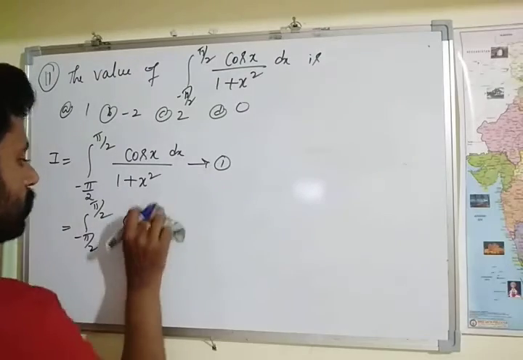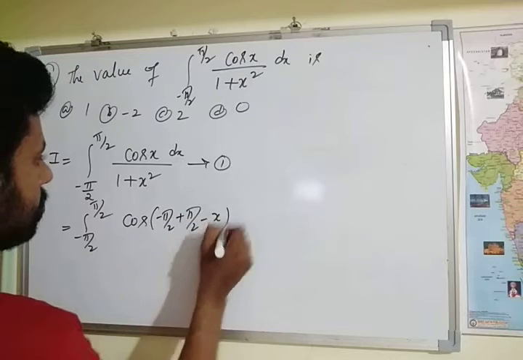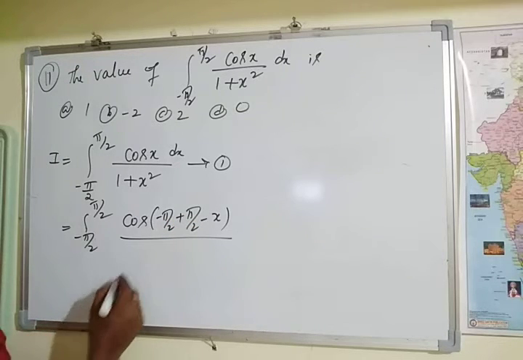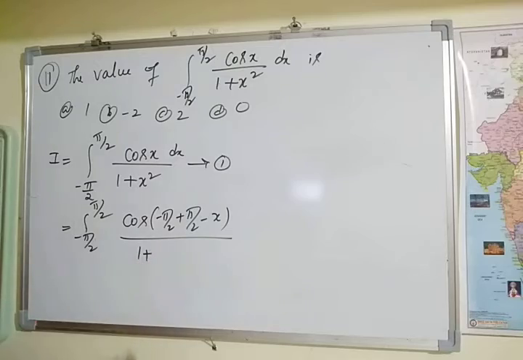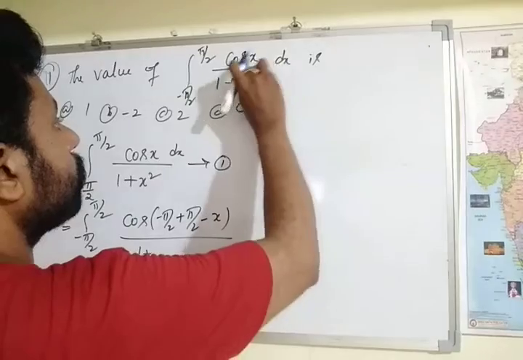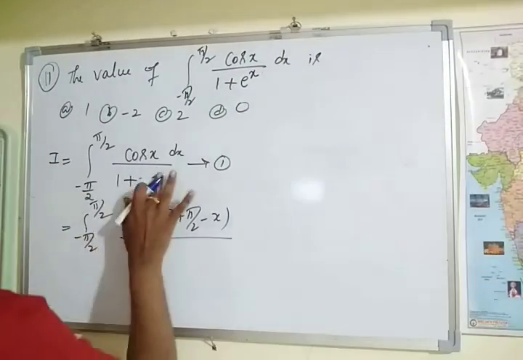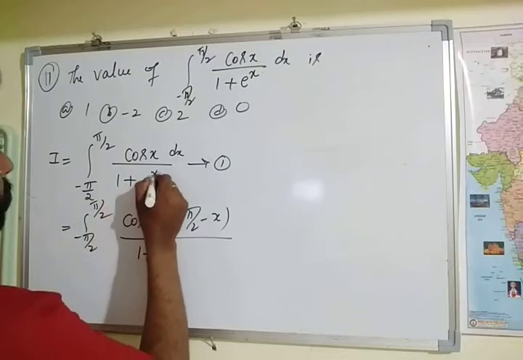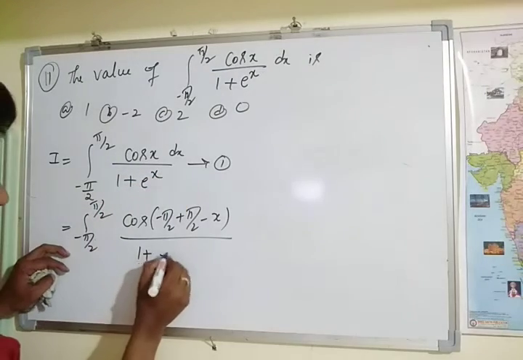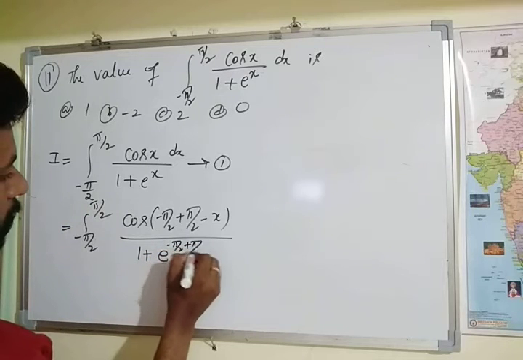Write one more step, this result: minus pi by 2 plus pi by 2 minus x divided by 1 plus, not x square, this is e to the power x. E to the power x. Here also e to the power x. See now here 1 plus e to the power, see here we consider minus pi by 2 plus pi by 2 minus x.